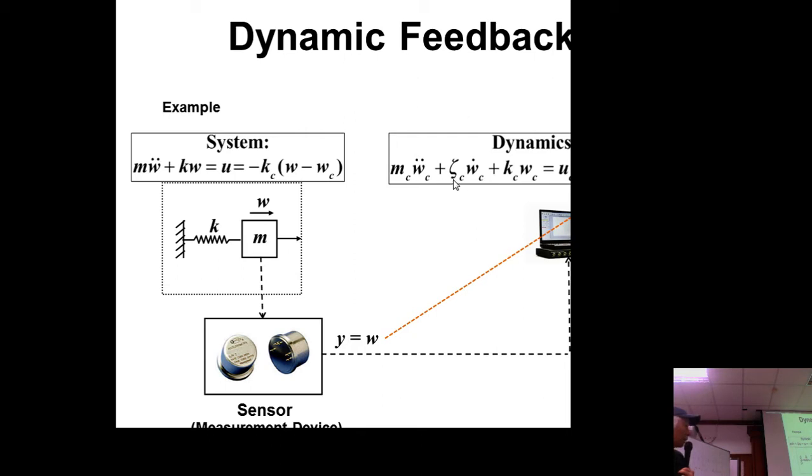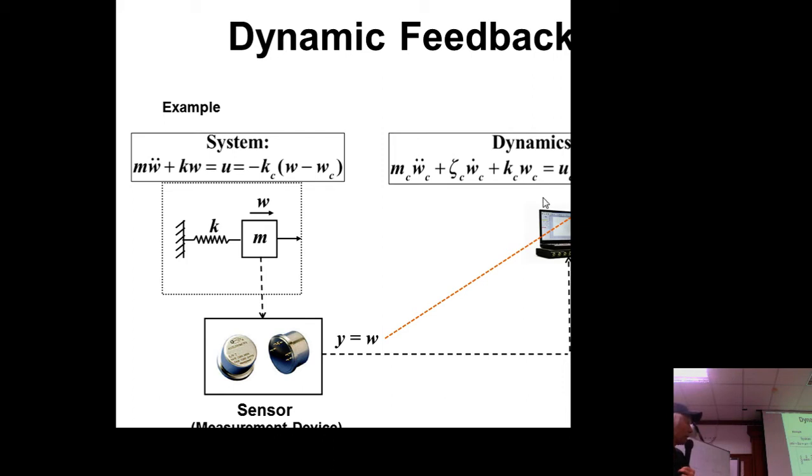Because WC, all quantities with subscript C, those are computer quantities. Those are not physical quantities. Those are the quantities the computer generates. So what the computer needs is the measurement from these sensors. We just give this measurement to these equations, and then the computer will be able to integrate these equations to get W and WC and WC dot.